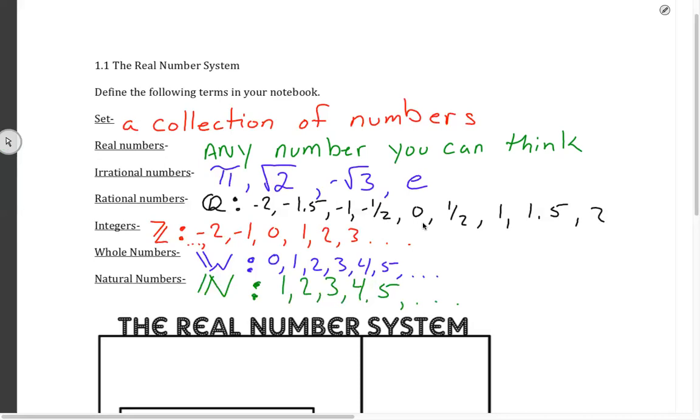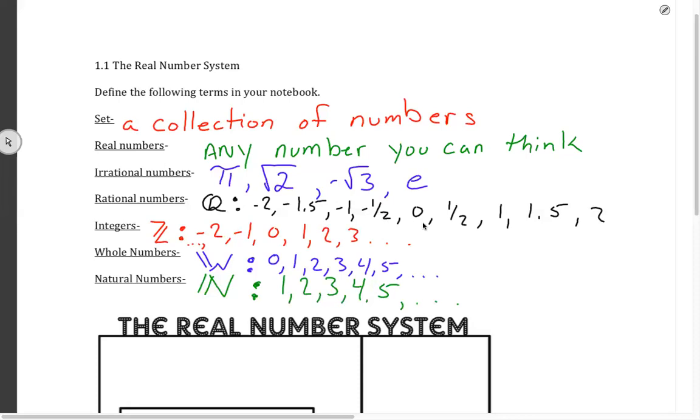They're called imaginary numbers, and we'll talk about that later in the year. But at this stage in your life, any number you can think of is a real number. It's any number you could encounter in the world. All right?